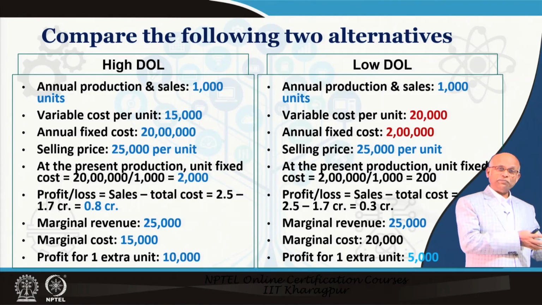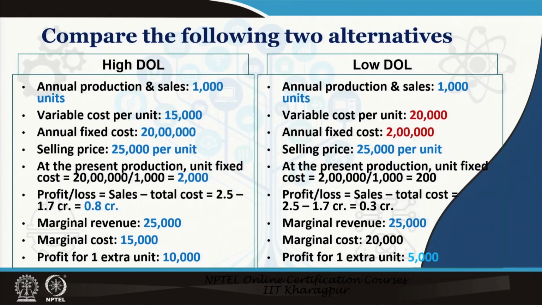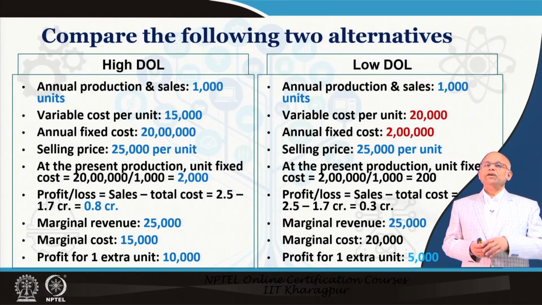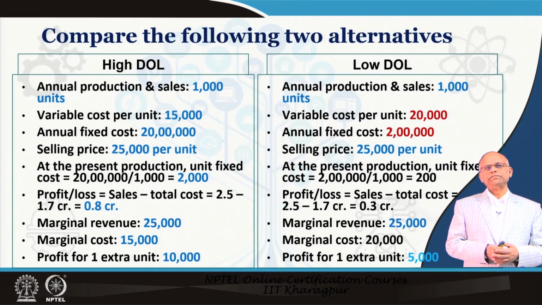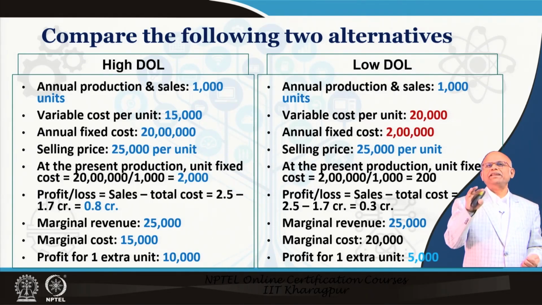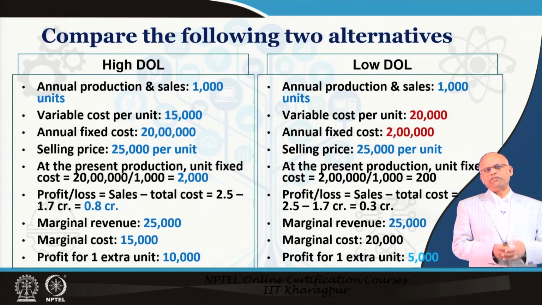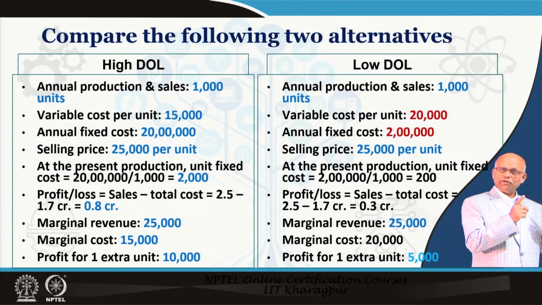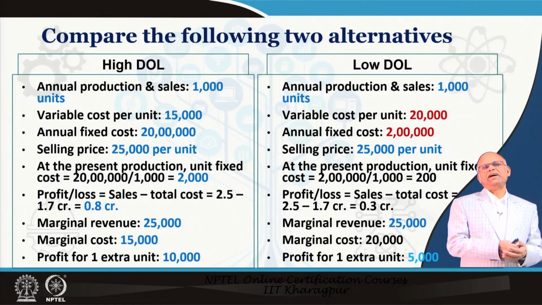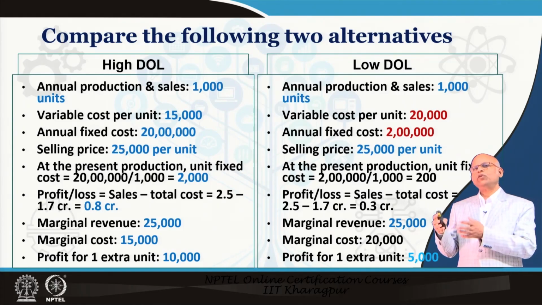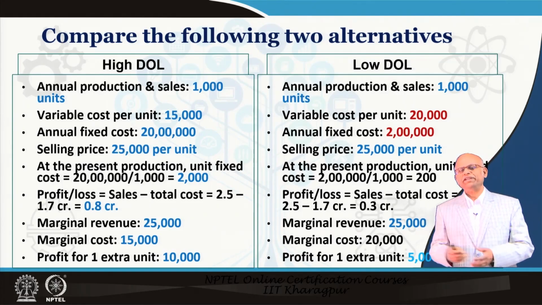But because in one company operating leverage is very high, variable cost is low, which is 15,000, whereas in the other it is 20,000. Fixed cost is high, which is 20 lakh here, 2 lakh there. Now, you estimate profit or loss at a level of say 1000 units. You find that profit for the high operating leverage company is slightly higher, 0.8 crore, whereas it is lower for the low operating leverage company.